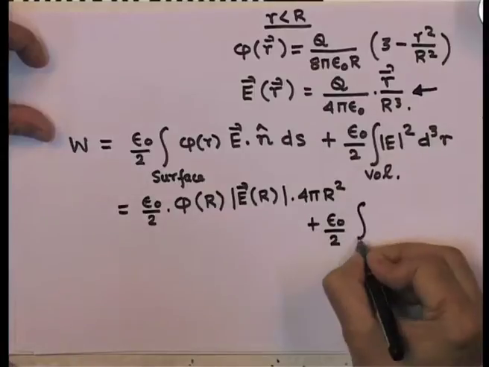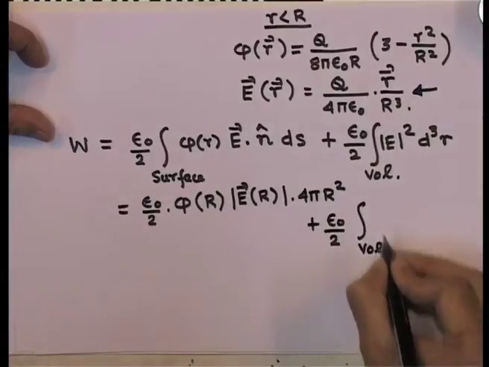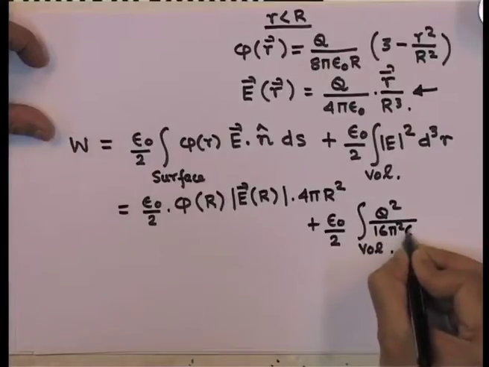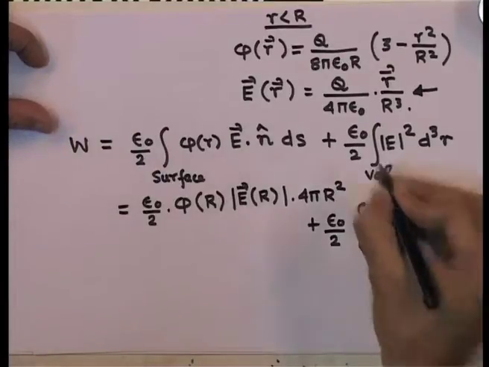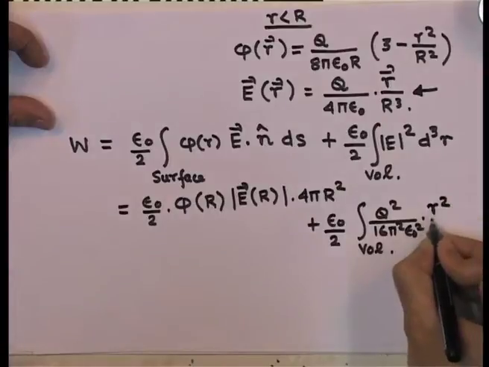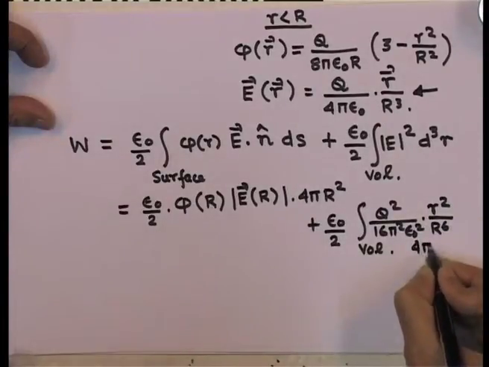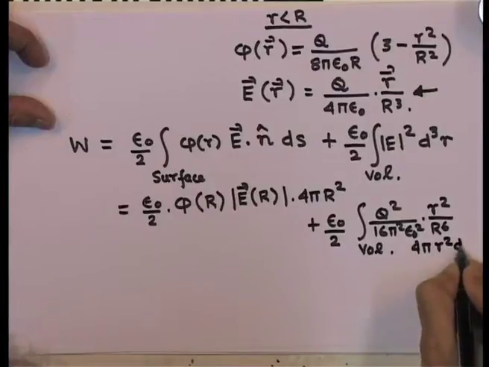So, the integral over the volume of q square by 16 pi square epsilon 0 square and r dot r, which is r square by r to the power 6, and of course, 4 pi times r square dr.